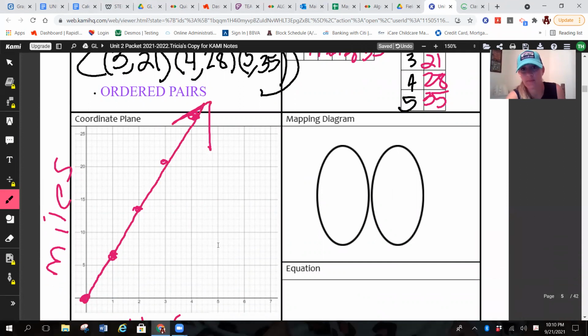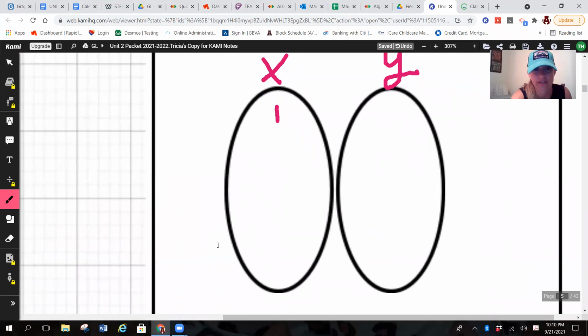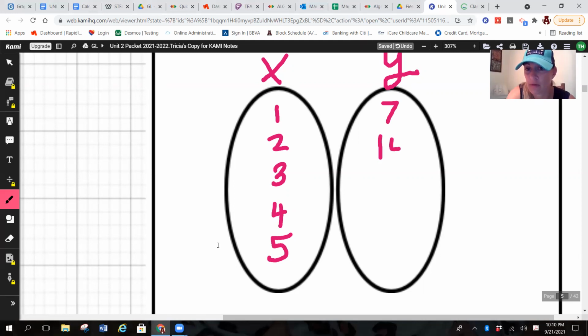In a mapping diagram, we're going to call this our X oval. It's always first. And the second oval is the Y oval. And we're going to put our X values. Now, most of the time when you work with mapping diagrams, the arrows don't just go straight across, but because we're putting our numbers in numerical order, it's going to go straight across.